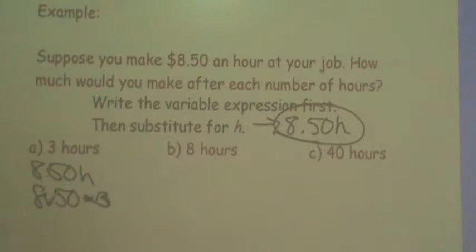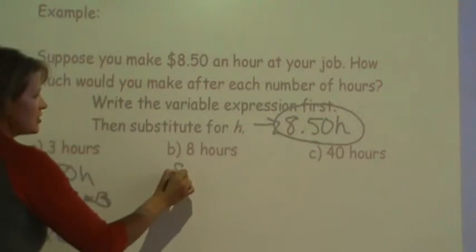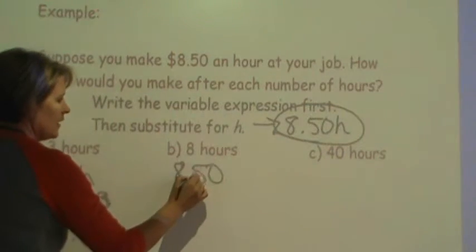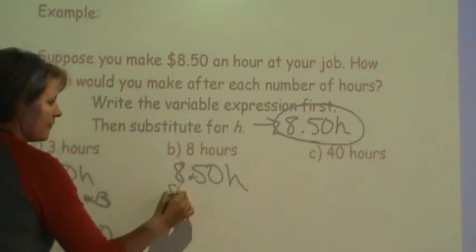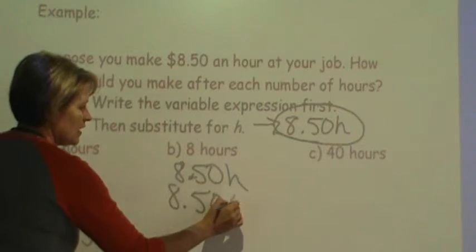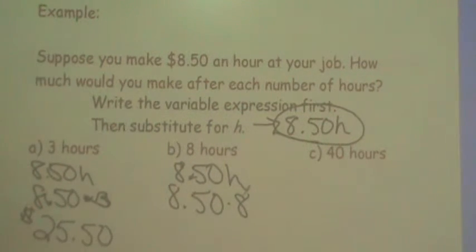Okay, check my math. It gets us $25.50 if we work 3 hours. Same expression, 8.50h, but this time h equals 8.